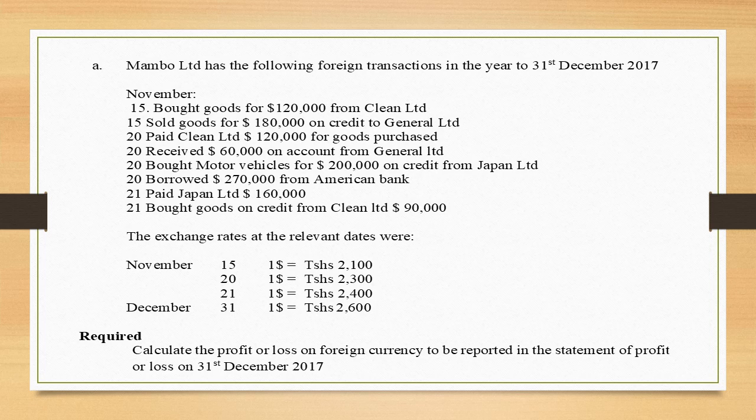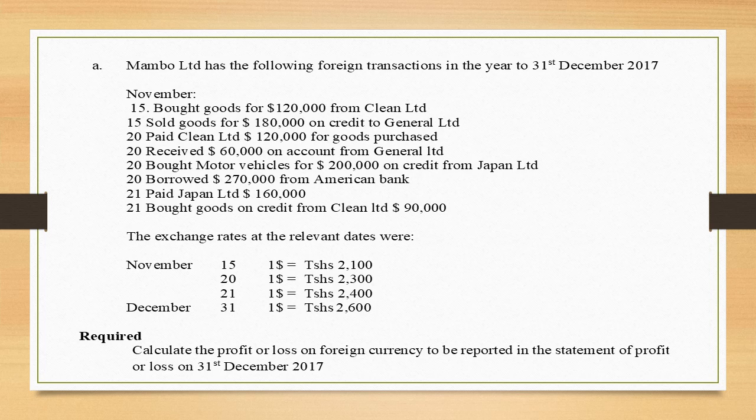But again, on 15, they sold goods in US dollars, 180,000 on credit to General Limited. And again, on 20, paid Clean Limited 120 US dollars for goods purchased.